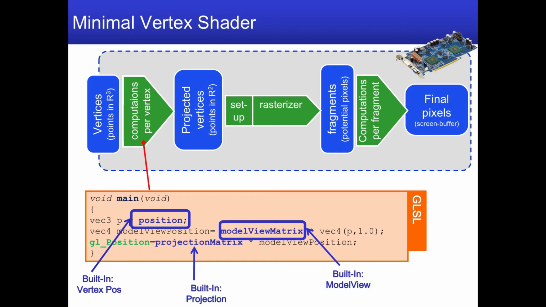So what do you see here that is strange? Why this P here? Position is like 3 floats, right? It's a vector of 3 floats, okay? So why do I have to put 1 at the end here? Why is it a vector of 4 floats?